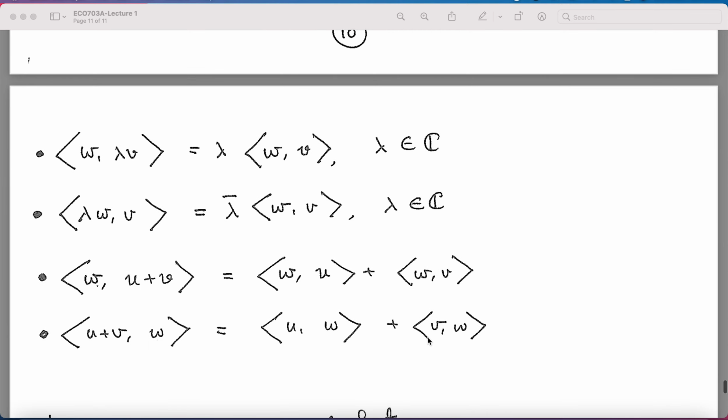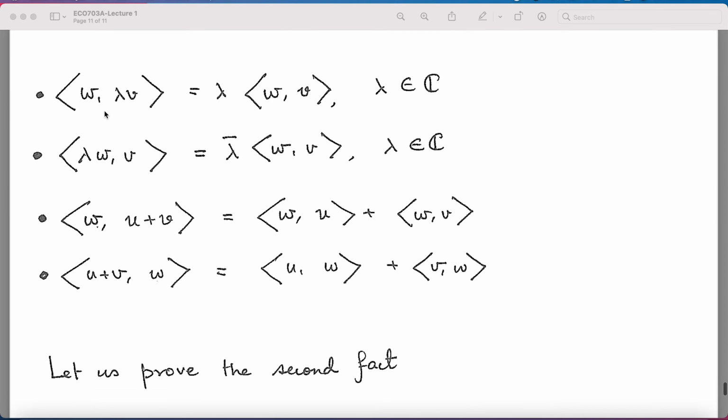There are other properties also. If you take lambda and multiply with the right part, then lambda would come out, because you do not take conjugates on the second vector. But if you multiply the first vector with lambda, a scalar multiplication, where lambda is an element in C of course, then a conjugate will come out, because when you write the inner product you will write lambda bar w1 bar.